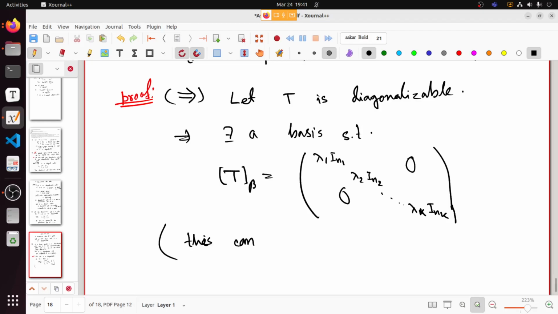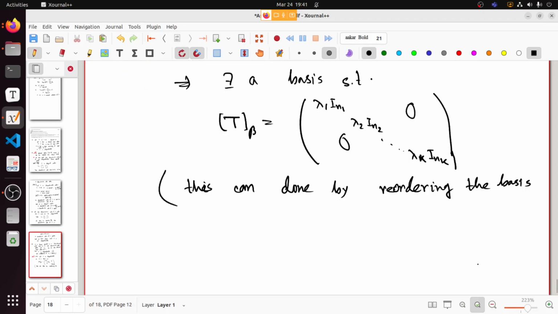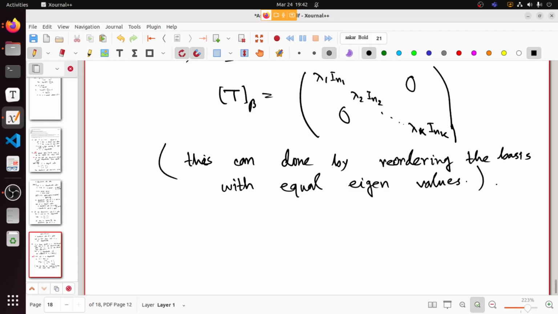This can be done by reordering: just take the same eigenvalues, club them together and write in this form, reordering the basis with equal eigenvalues. Then what will be the characteristic polynomial?